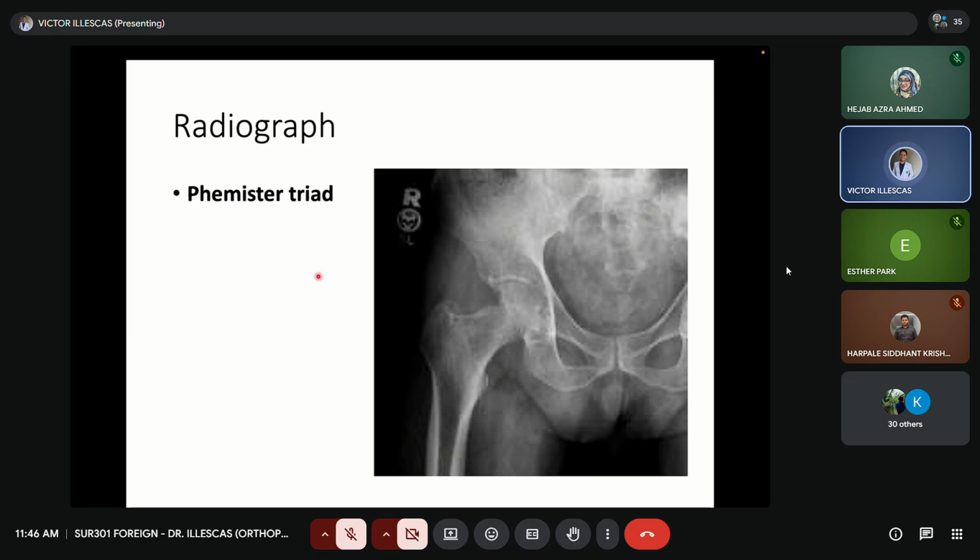And if you do your X-ray, there will be an obvious Phemister's triad, wherein it's composed of osteopenia, joint space narrowing, and bony erosion. Okay, remember the Phemister's triad, which is pathognomonic of TB joint.